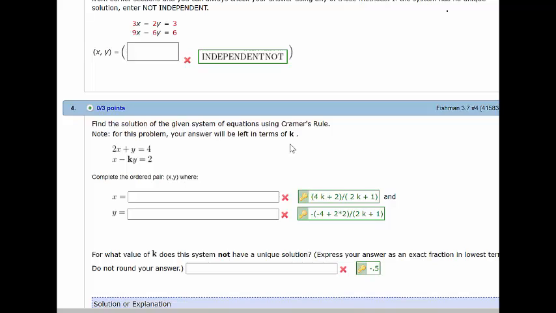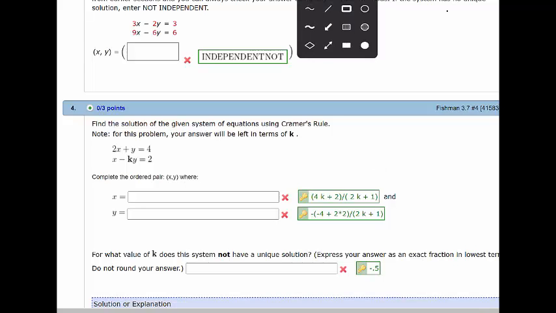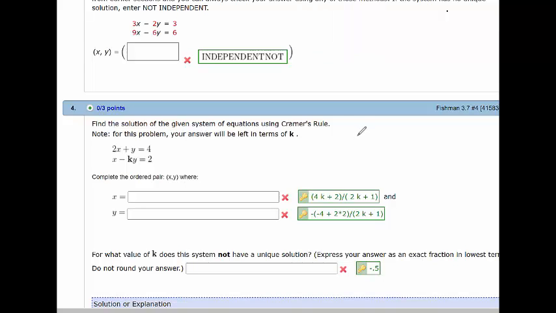Now when they ask, for what value of k does the system not have a unique solution? That means the determinant 2, 1, 1, negative k should be 0. If you write that and solve for k, immediately you get your answer. Let me write it here to make sure you get the idea. You have 2, 1, 1, negative k.